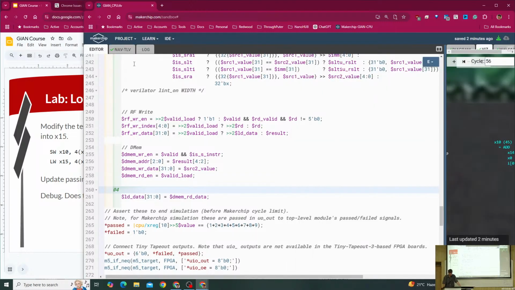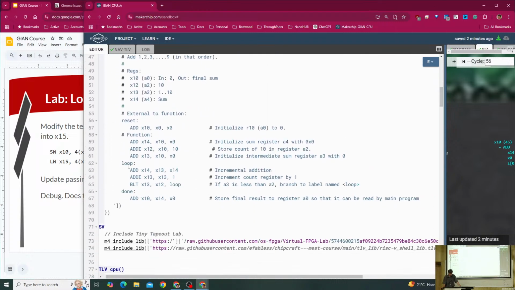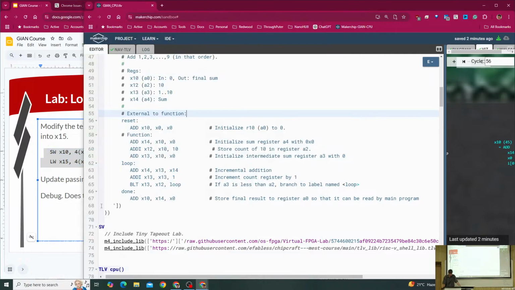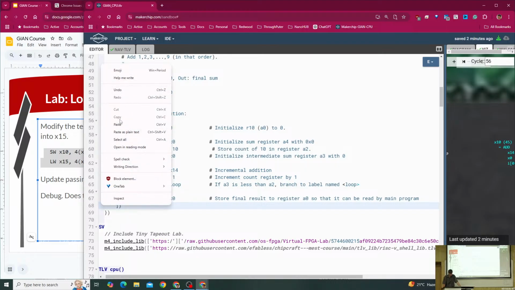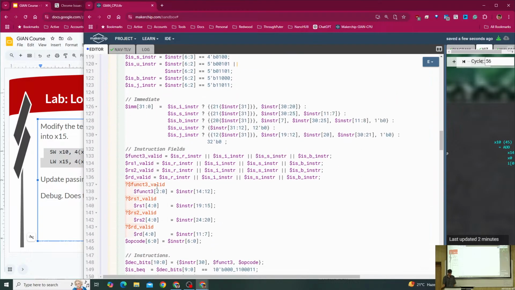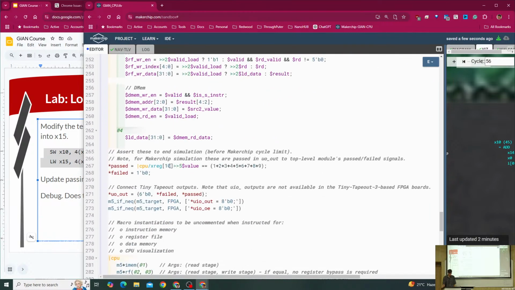And I suppose we can walk through this one together. It's not rocket science. I'm adding my load and store, and then changing my mini test bench, which is here, to check register 15.